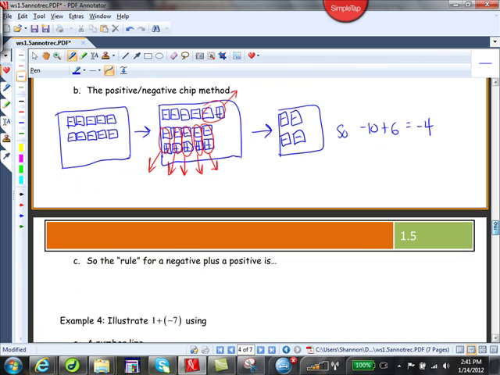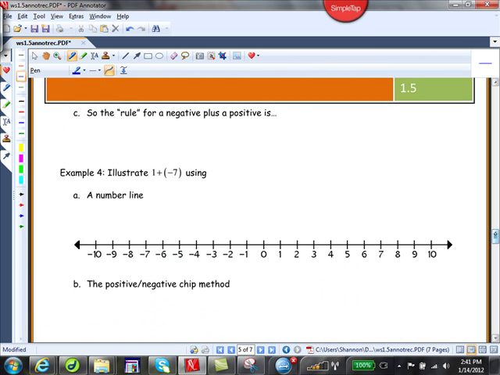So what would you guys say the rule is for a negative plus a positive? What did we do? If you think about their absolute values, didn't we really subtract, right?